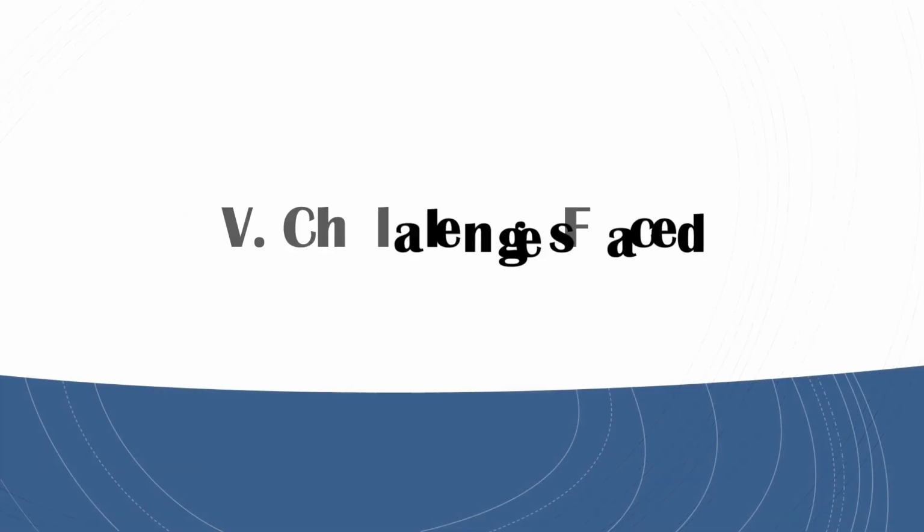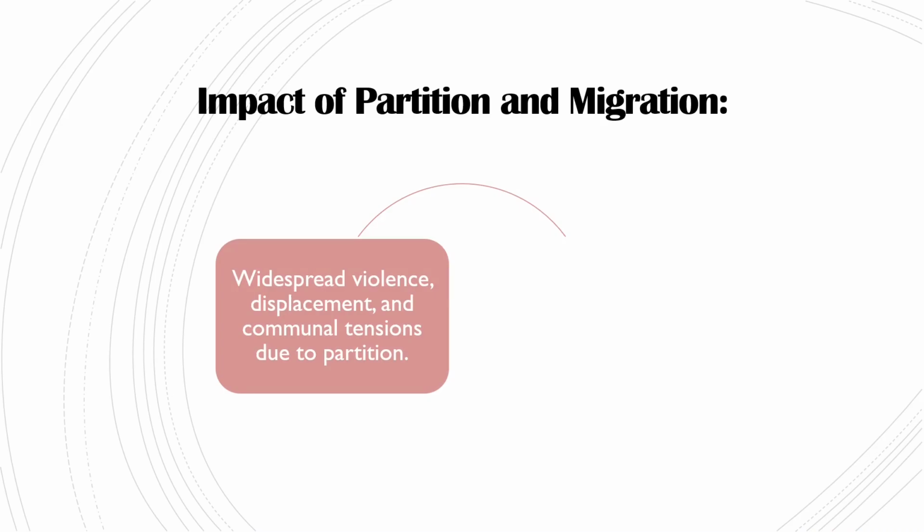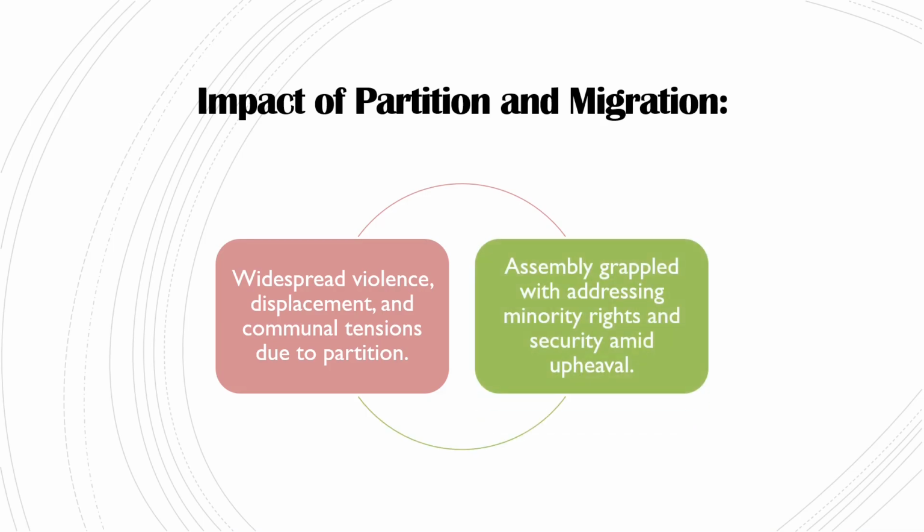Moving on to the challenges faced. The Constituent Assembly faced significant challenges, particularly due to the impact of partition and mass migration. The division of British India into India and Pakistan led to widespread violence, displacement, and communal tensions. This upheaval affected the Assembly's deliberations as members grappled with the immediate need to address the rights and security of minorities and displaced populations.